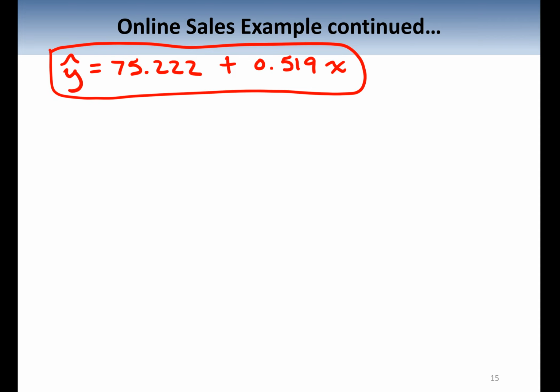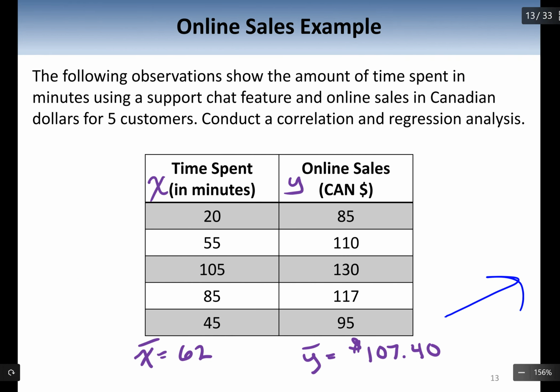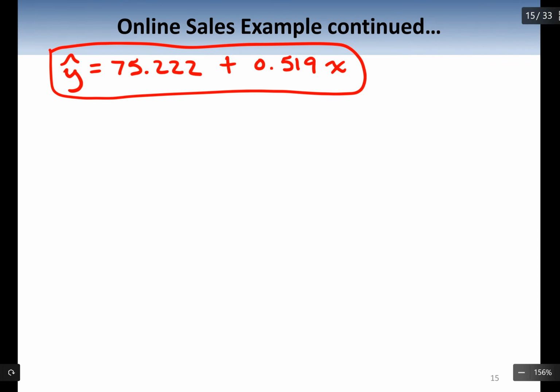So not just the x's from our data, but we could plug in, say, 90 minutes and predict what a customer will spend in sales from 90 minutes on the chat feature. So using this line based on this data. And that's the whole purpose of regression.